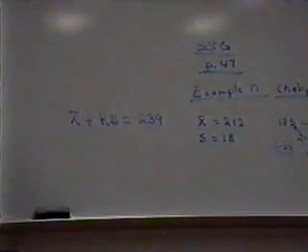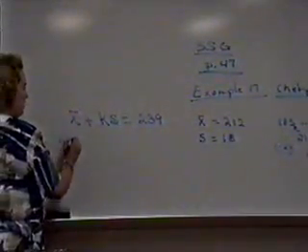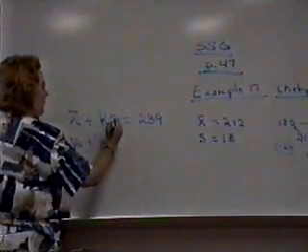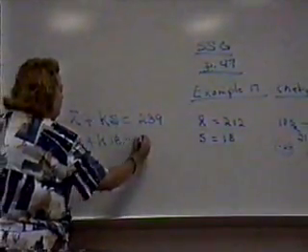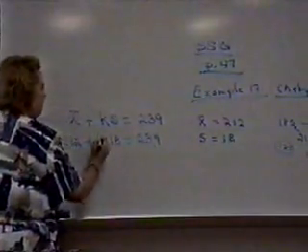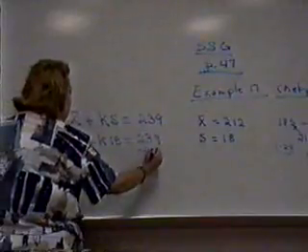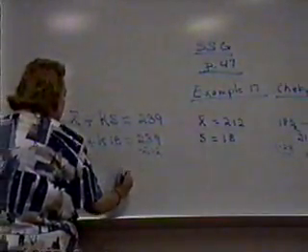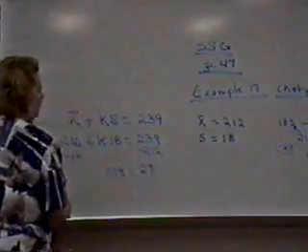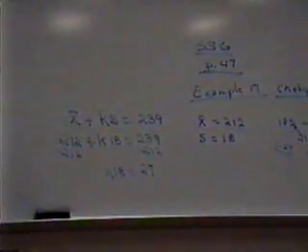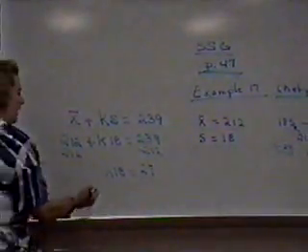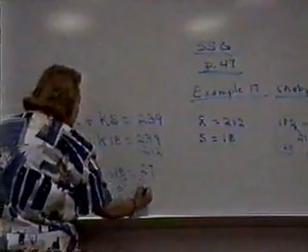Chebyshev says the range is the mean plus k standard deviations, or the mean minus k standard deviations. If I know that the mean is 212, and I know the standard deviation is 18, I can now solve for k. If I subtract 212 from both sides, it was 27 away, which is what we said when we looked at the range. Now to solve for k, I'm going to divide by 18.